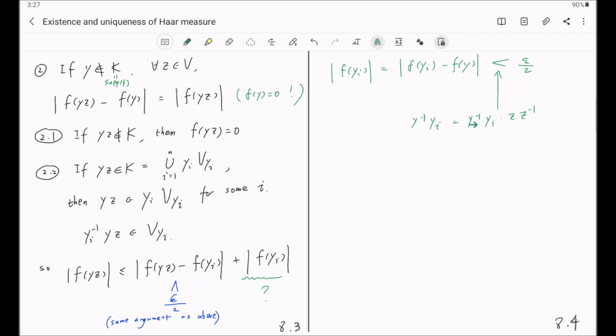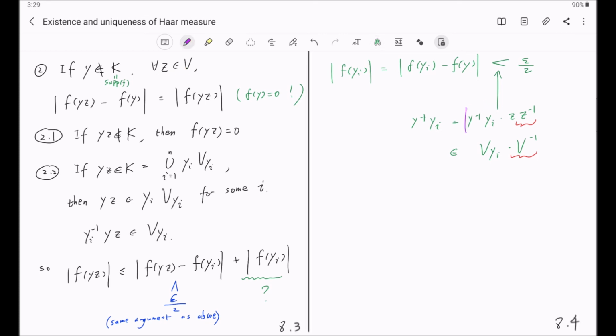But this product of four things is actually equal to v sub yi times v inverse. This part is okay. The inverse must be in v inverse because we took z to be in v.